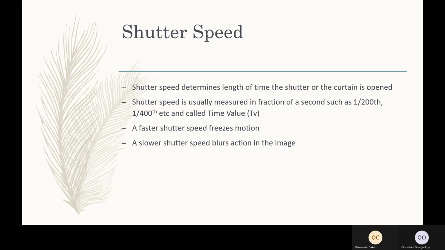If the lens allows light to enter but the shutter does not open, the sensor will not receive any light. Now, the speed of the opening and closing of that shutter is what we call shutter speed.